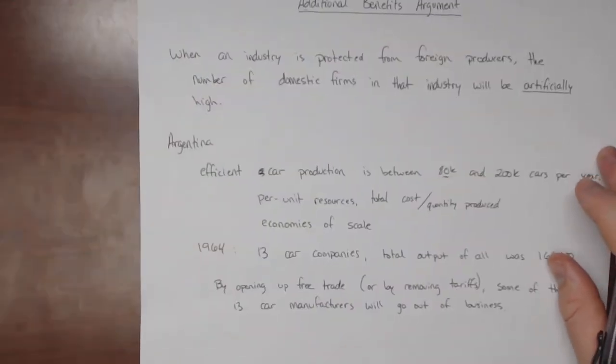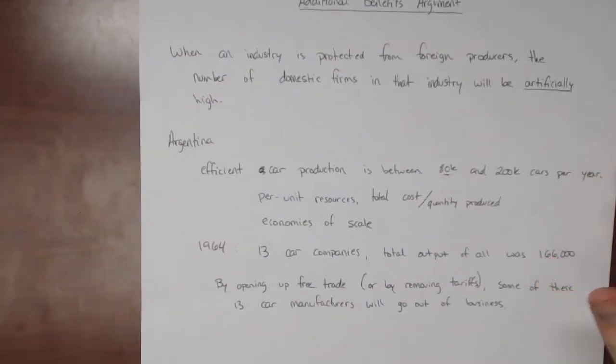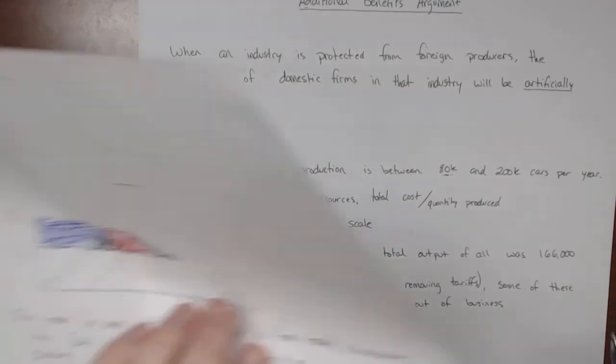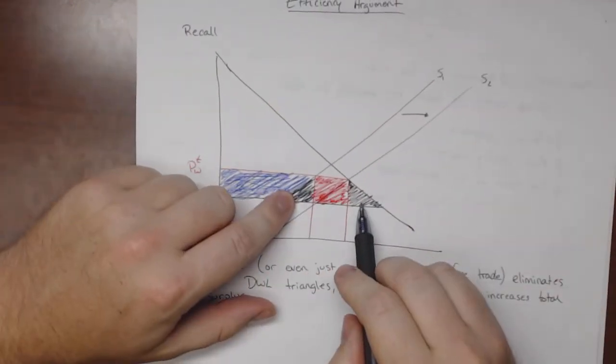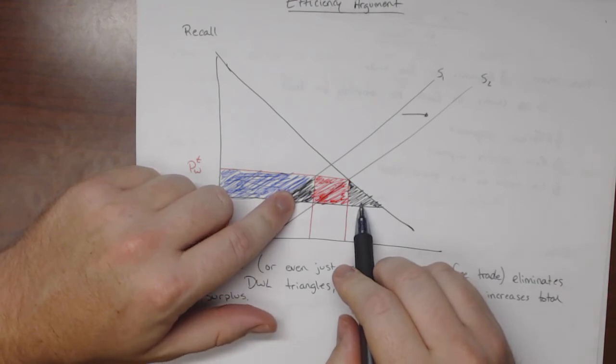So when we do that, the gains from opening up free trade are bigger than just these deadweight loss triangles. In fact, they would exceed the value of the deadweight loss triangles.